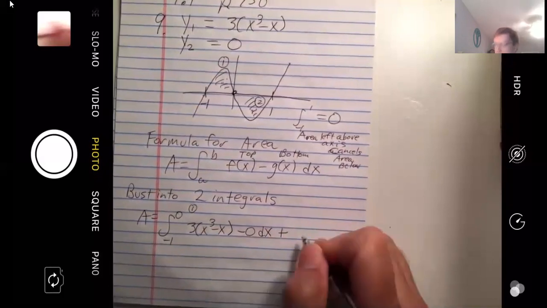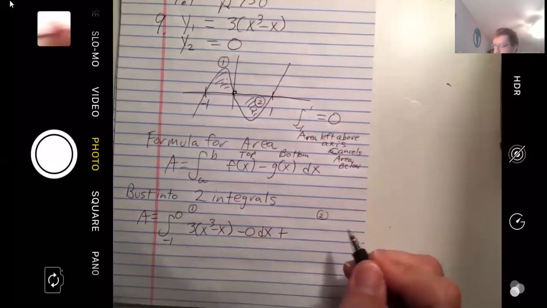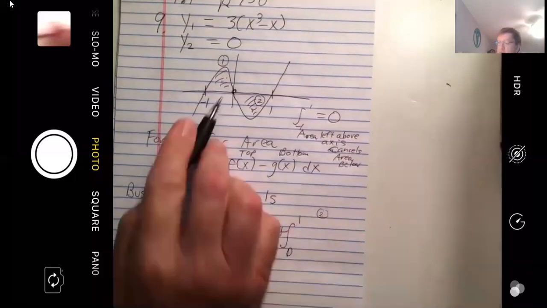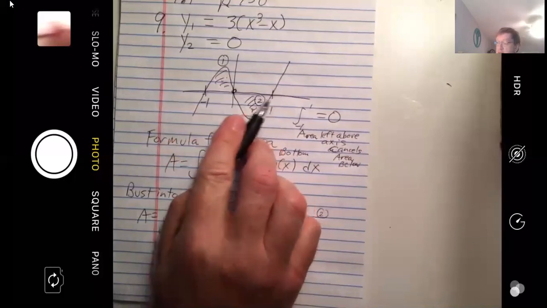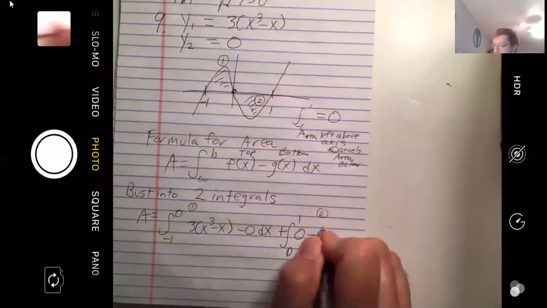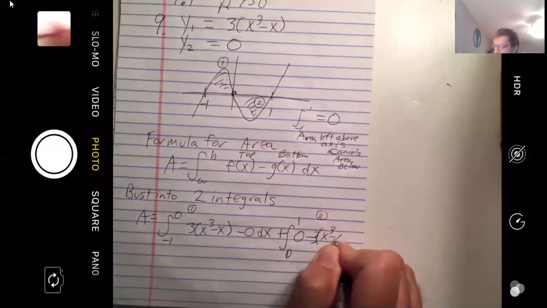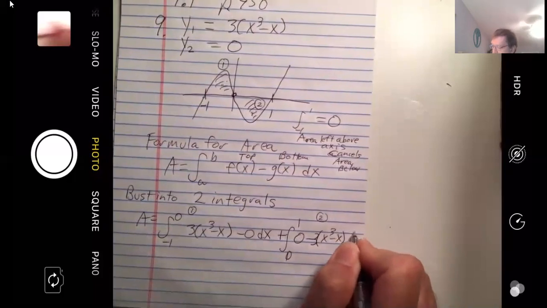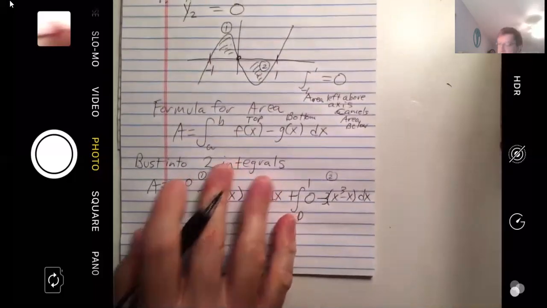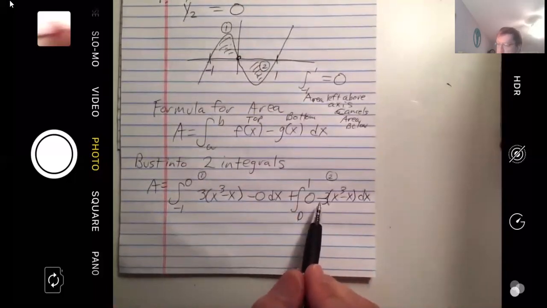And then you're going to add on an area 2 integral from 0 to 1, but your top curve is 0. Your bottom curve is your 3x cubed minus x dx. Now this is the full way to do it.